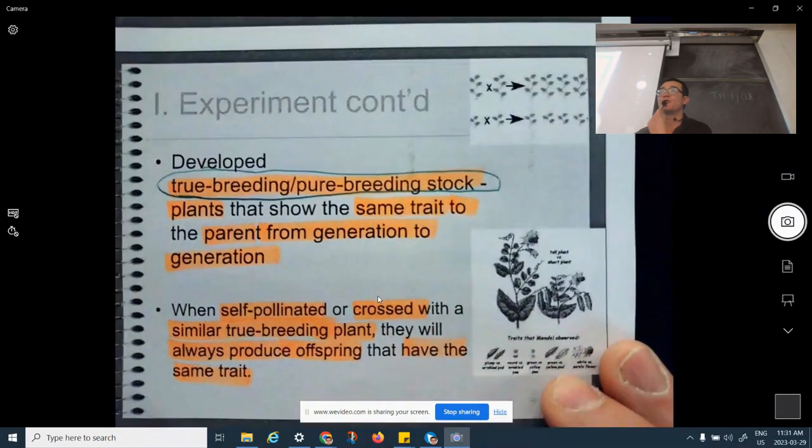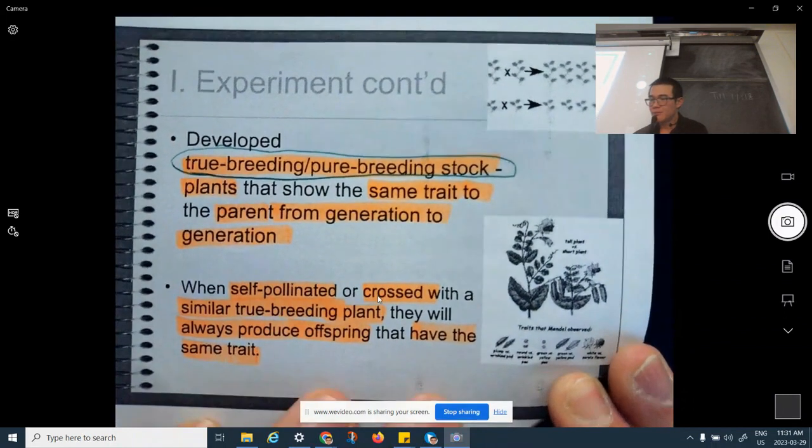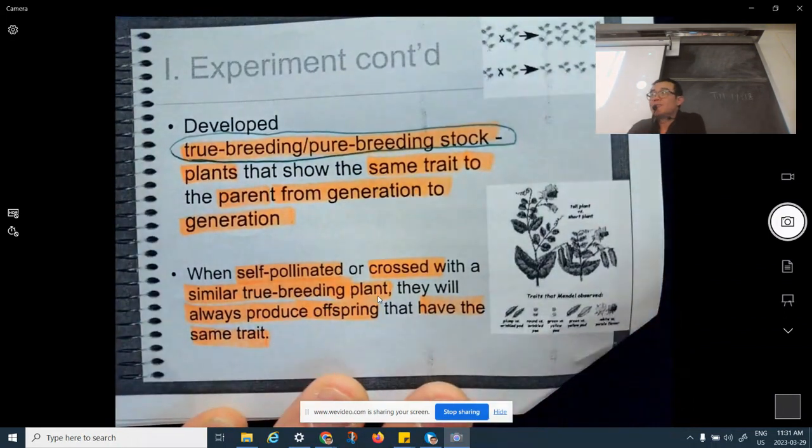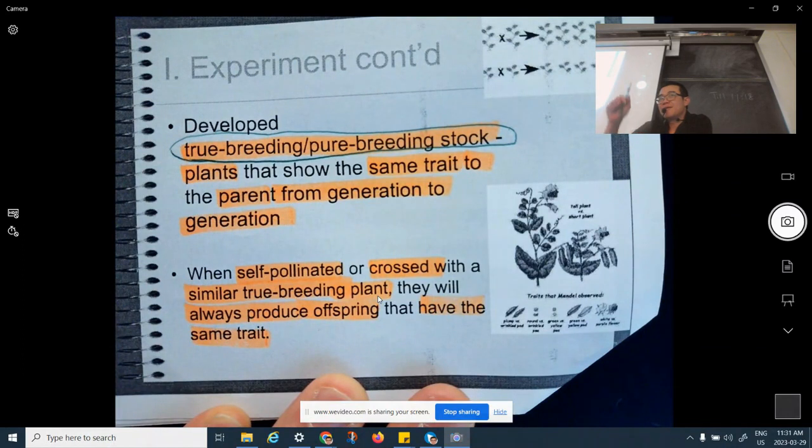Now, how on earth did he accomplish that? Well, remember flowers have the filaments and the pollen sac in the flower, and you have the stigma, which leads to the female gametes.